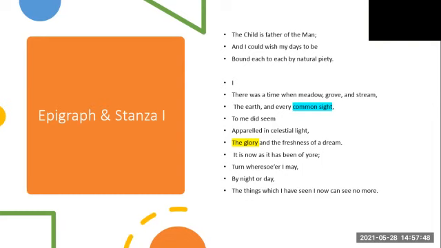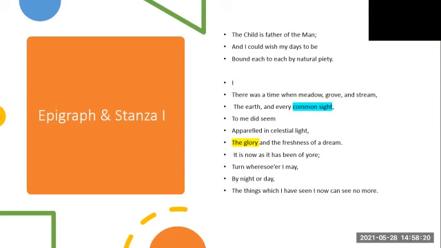Okay, the second half of the stanza, while the first half talks about the past, the second half begins with the present. "It is now as it has been of yore." Yore means the past. "Turn wheresoever I may, by night or day, the things which I have seen, I now can see no more."